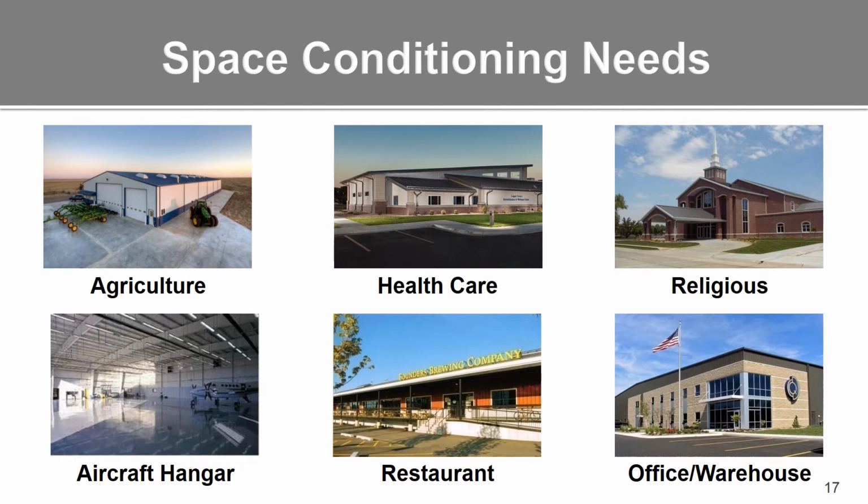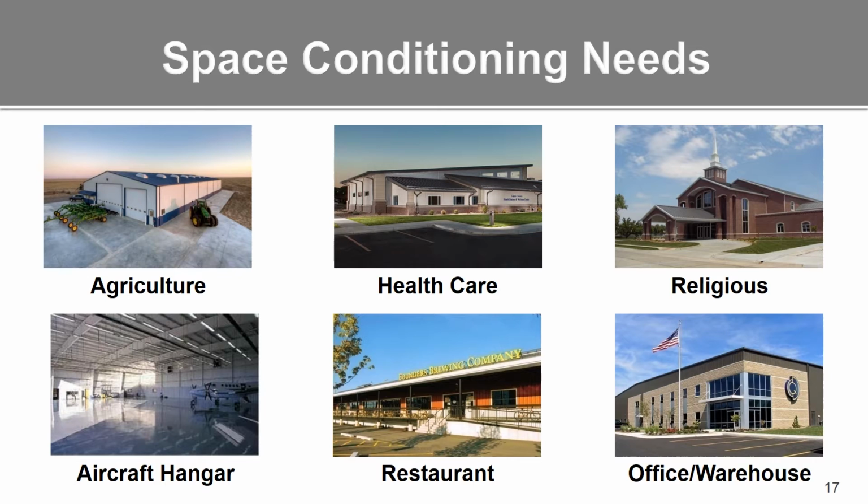I already mentioned some spaces that could have semi-heated spaces, such as agricultural buildings, warehouse buildings, maybe even aircraft hangars. However, even those types could be conditioned, just depending on the end use.